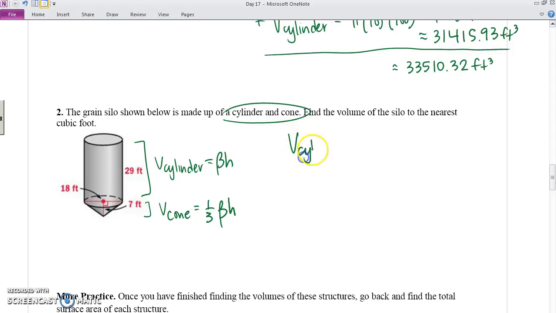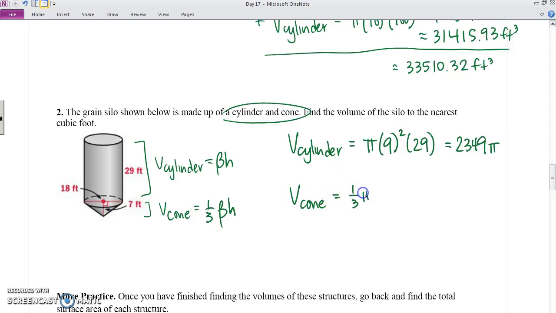The volume of cylinder is pi 9 squared, because the diameter is 18, times height, which is 29. So 9 squared times 29. So that's 2,349 pi. Right, the volume of the cone is 1/3 pi 9 squared, and its height is 7.